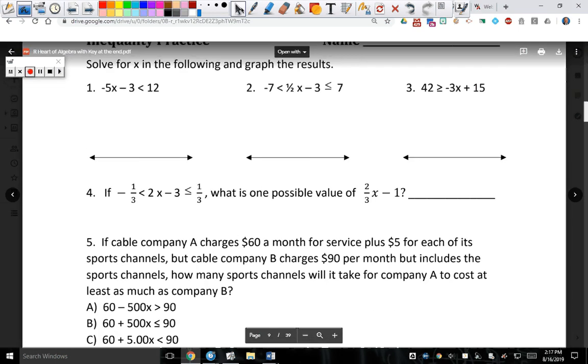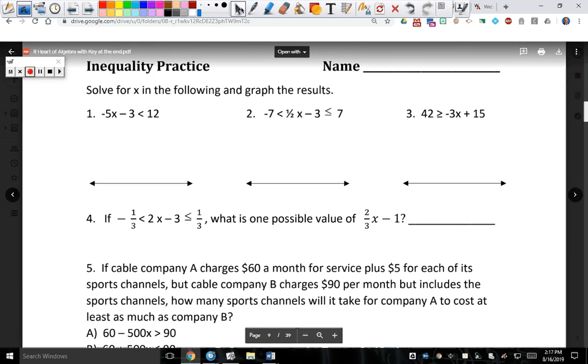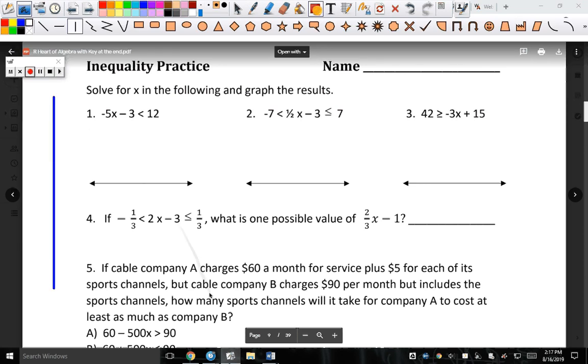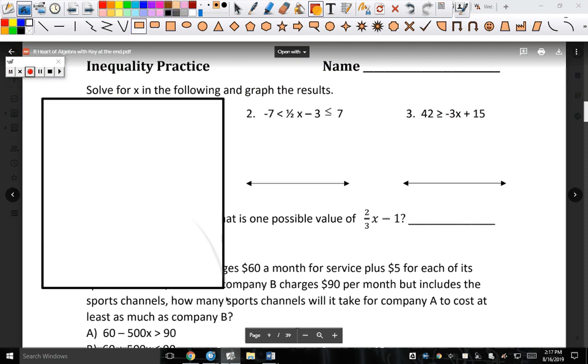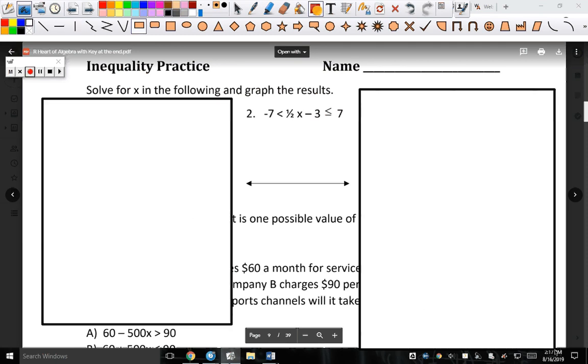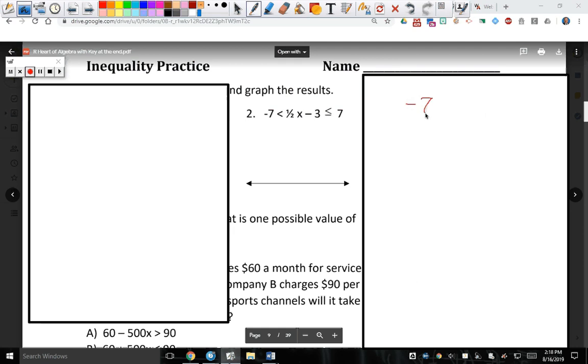Let's move on to some examples. Now, you saw from the example, they did everything all in one shot, okay? Let me show you with number 2. Those who want to go fast will do this form right here. You'll have negative 7 less than 1/2 x minus 3 less than or equal to 7.